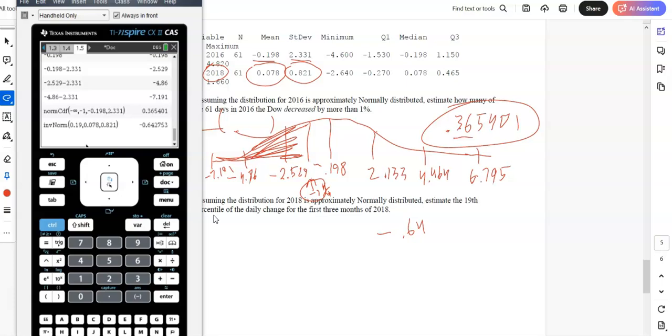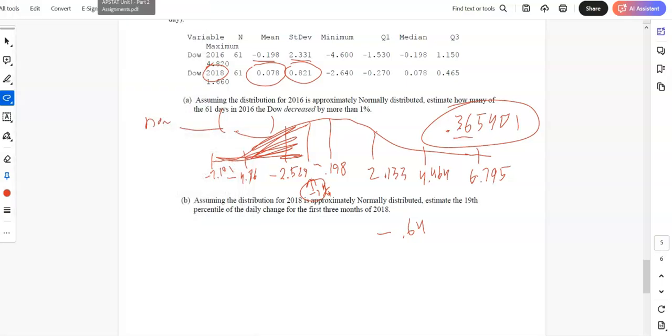Let's see what this question was asking again. Estimate the 19th percentile, so it decreased by negative 0.64. It decreased by 0.64% for the first 3 months of that year.